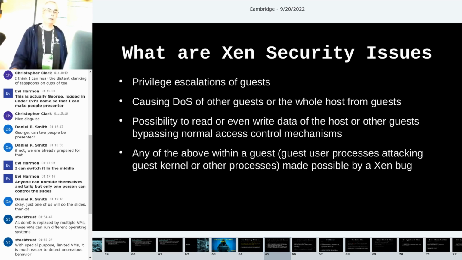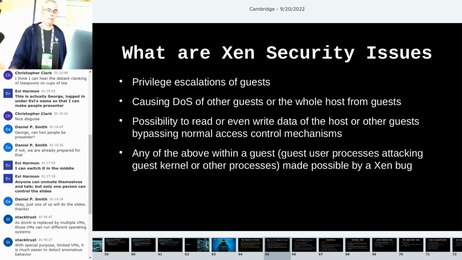Causing any denial of service of other guests or the whole host from unprivileged guests is one too. Also the possibility to read or even write data of the host which is outside of the normal guest control, or to spy on other guests' memory by bypassing normal access control mechanisms. Of course, if a guest has been granted a page of another guest, it can access this page, but it shouldn't be able to access any random page of other guests.